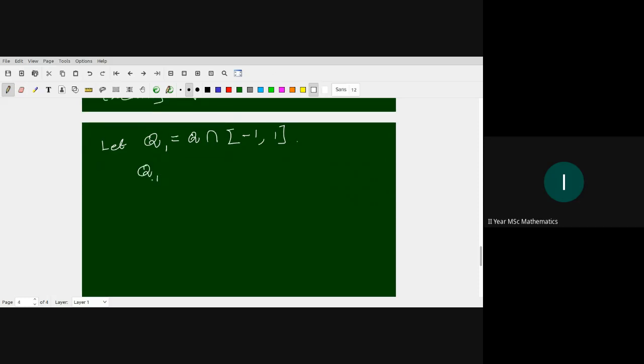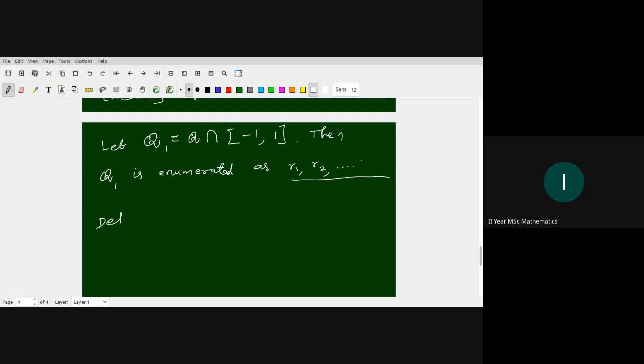We enumerate Q1 as R1, R2, and so on. This is an enumeration of Q1, and any two elements in this list are different.